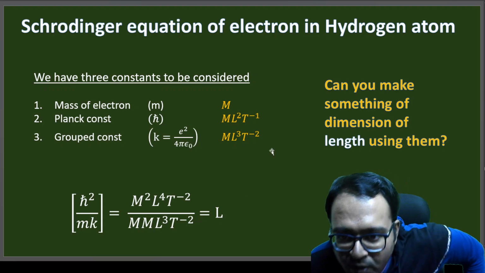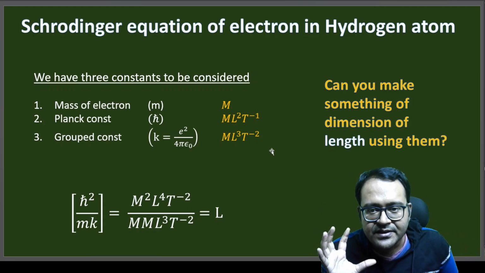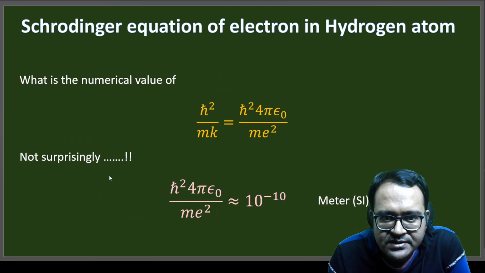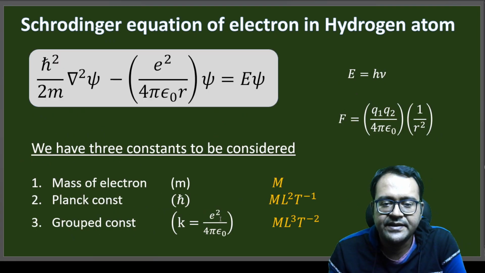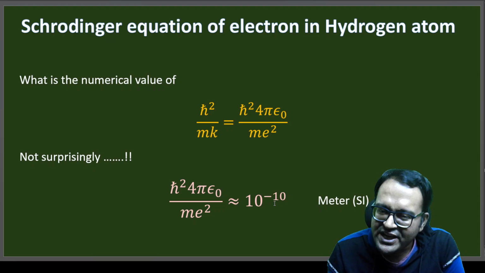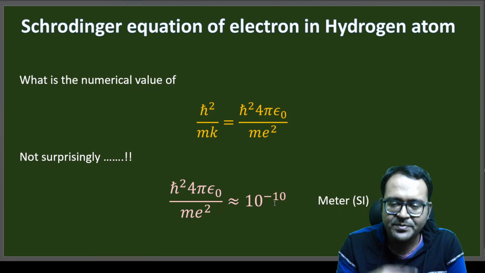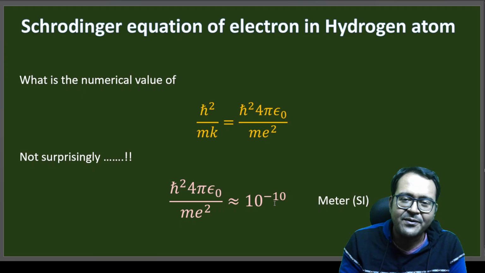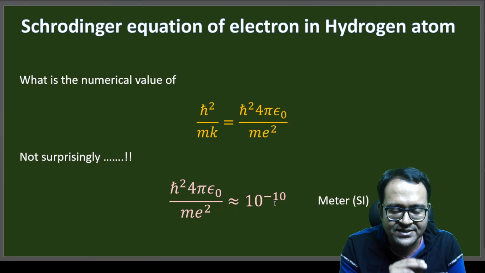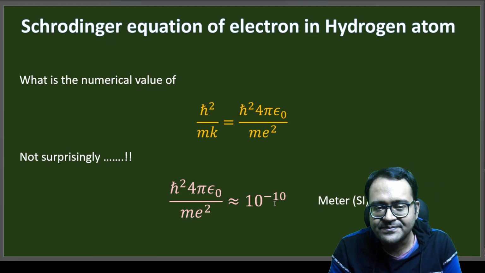So in the Coulombic potential, your electron radius should be around the numerical value of this. I defined k as e square by 4 pi epsilon naught, so if you substitute the value of k, you get this. And if you substitute the numerical values of these constants, you get 10 to the power minus 10 meter. This is of the order of an Angstrom, and it perfectly matches the order of your exact value.